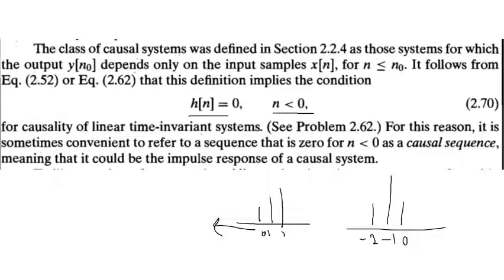This impulse response is not causal because it is defined at -2 and -1. So if the impulse response is 0 at n less than 0, this is a causal impulse response. We can say the impulse response of the system is causal if it is not defined for negative numbers.